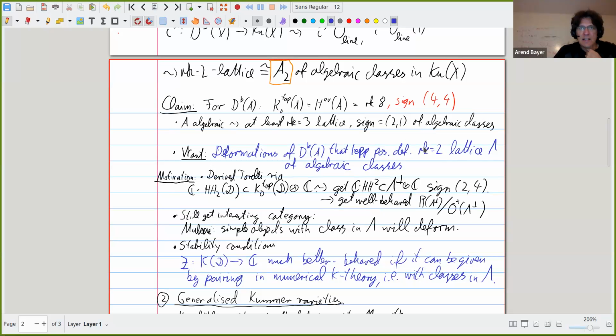Okay, so this is the first motivation why we want to look at these deformations of the derived category of abelian surfaces to get these non-commutative abelian surfaces, because there's something in between this 6-dimensional space of deformations that will just behave extremely badly over a positive dimensional base space of deformations, and the 3-dimensional algebraic deformations that we just get from deforming the abelian surface as a polarized algebraic variety.